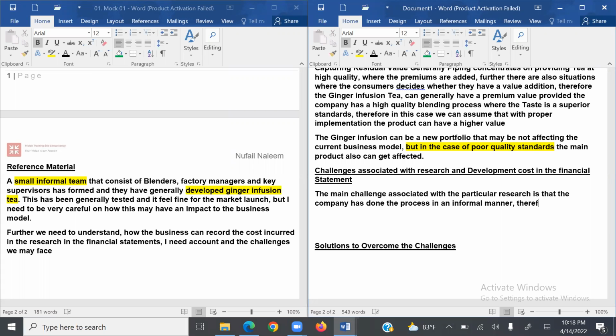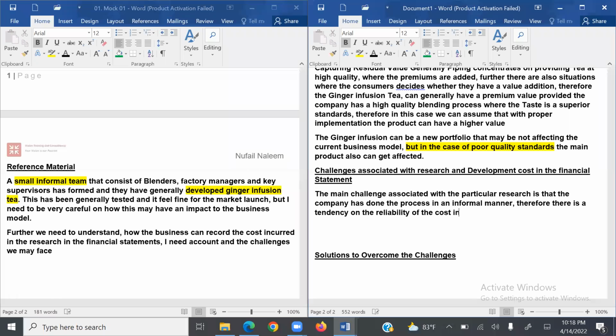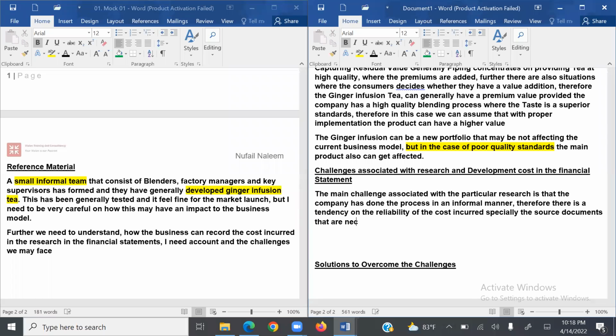Therefore, there is a tendency on the reliability of the cost incurred, especially the source documents that are necessary for the proof.